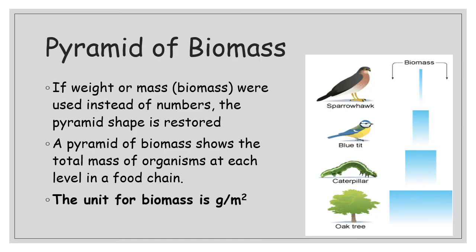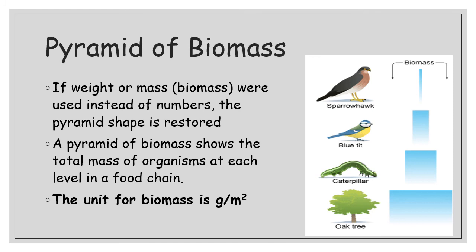And that's where we'd use a pyramid of biomass. If weight or the mass of the biological material is used instead of numbers, then the pyramid shape is restored. This is a slightly different example than the one we had on the previous slide, but the same kind of thing, with an oak tree at the bottom. Once we've converted that oak tree into biomass rather than numbers, it starts to make a bit more sense.